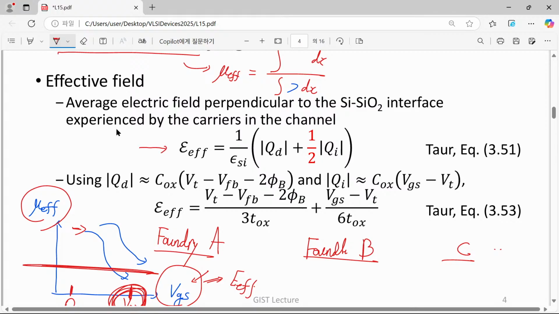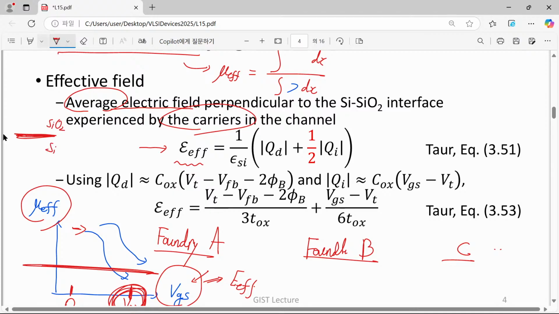People really loved this concept. However, in order to match this beautiful curve, we have to introduce this effective electric field. Then what is this effective electric field? This effective electric field is, once again, the average electric field felt by our carriers. Let me explain it a little bit further. Here we have silicon dioxide and silicon.